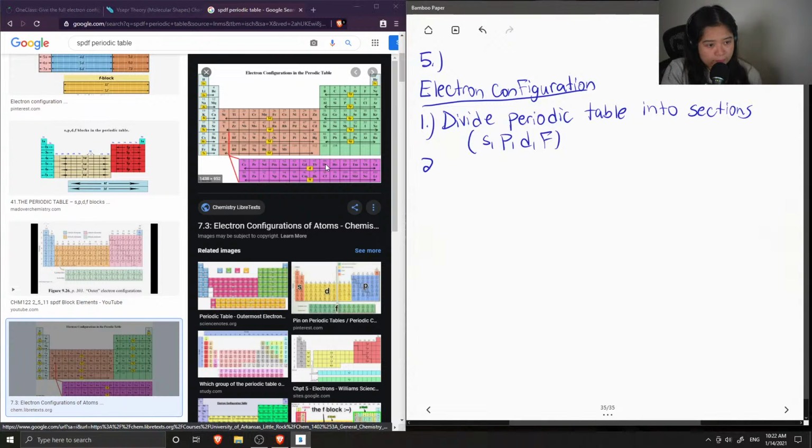And then step 2, starting from hydrogen, you write the row number, then the block letter.